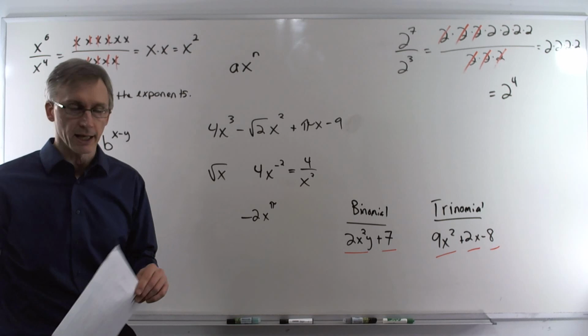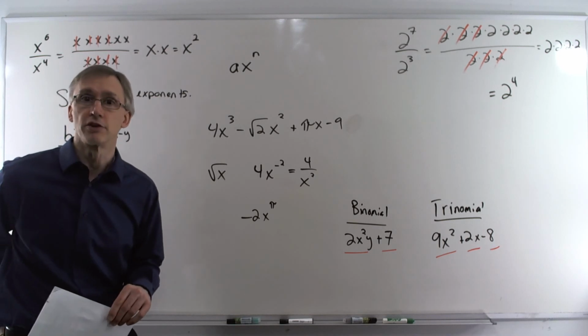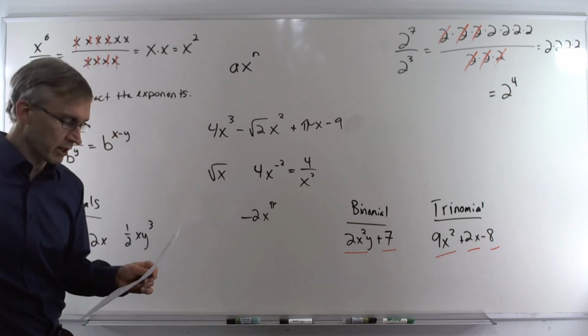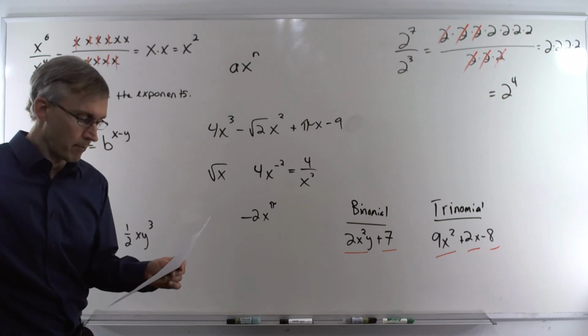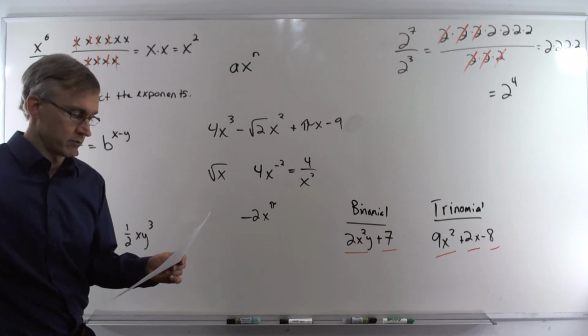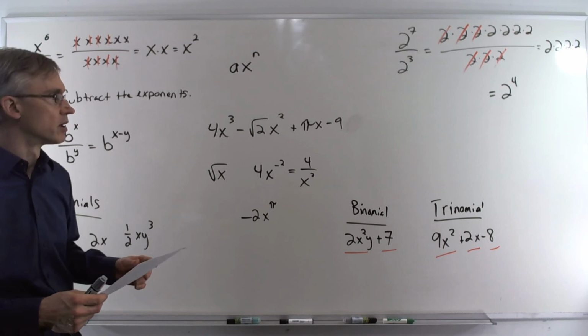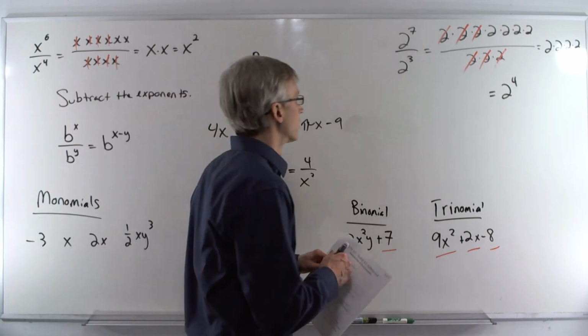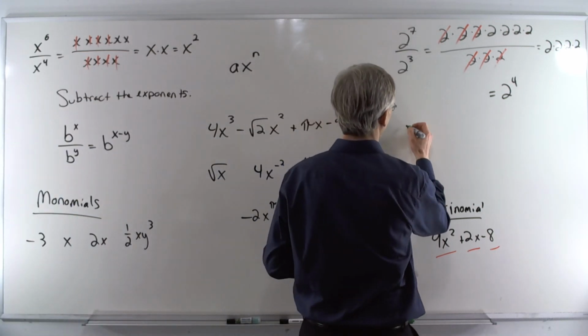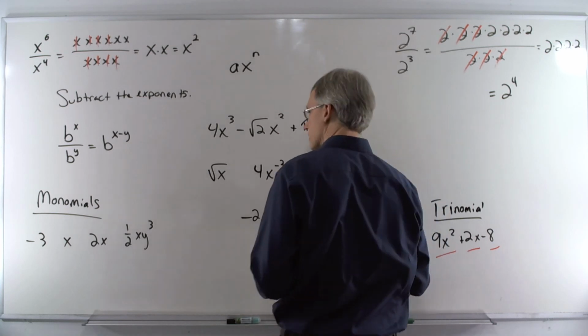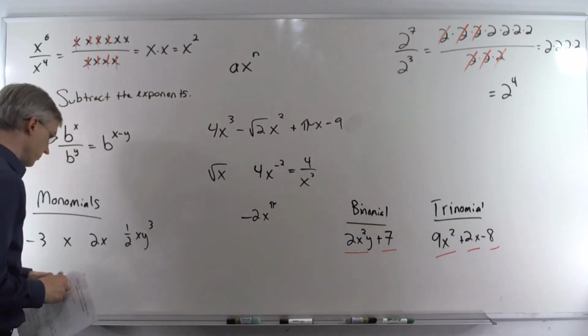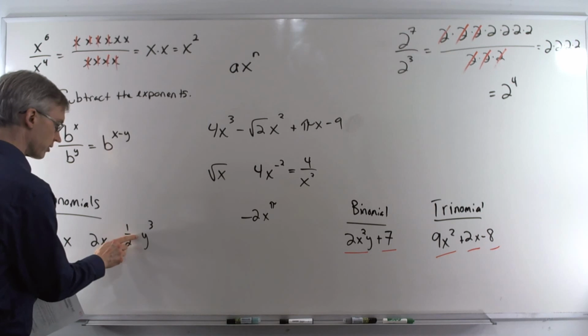The other way we can classify polynomials is by the degree. And we're going to start by looking at the degree of a monomial. So degrees of monomials are the exponent inside the monomial. Let's look at these monomials up here. And I'm just going to change this one a little bit.